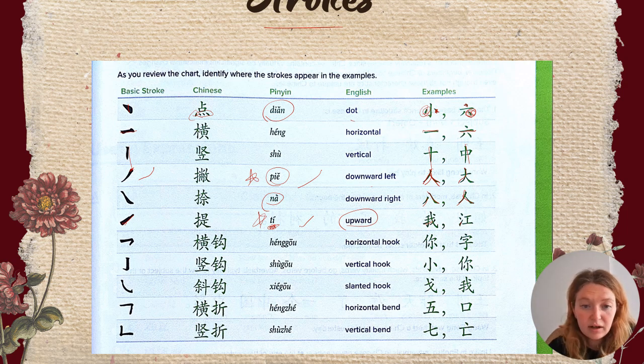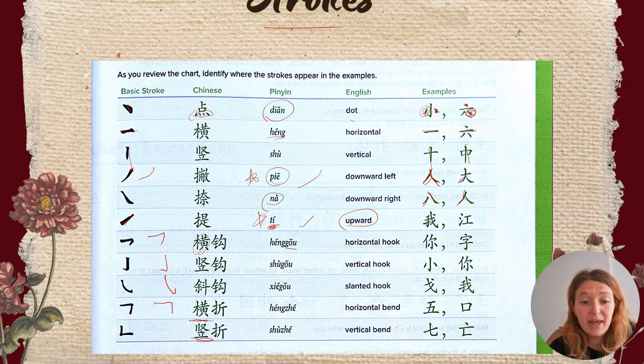Moving on, heng gou, which is made up of heng, which is horizontal, and gou, which is a hook. So you have a horizontal hook or a vertical hook, so heng gou and shu gou. Xie gou as well, which is a slanted hook. And then you have heng, again, that's horizontal, and shu, vertical.